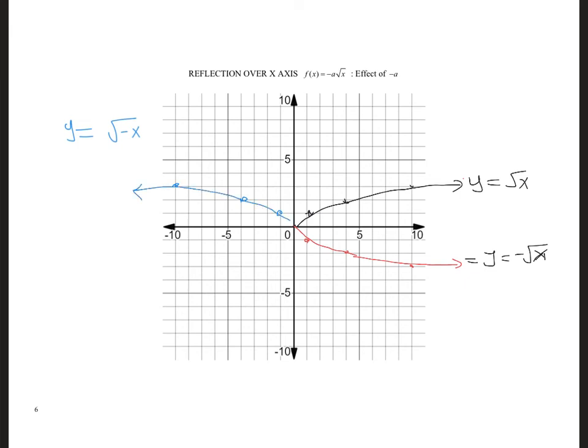So that's how the graph is going to look like. And you can see there's a graph y is equals to square root of negative x. And you can see this is a reflection over the y-axis.